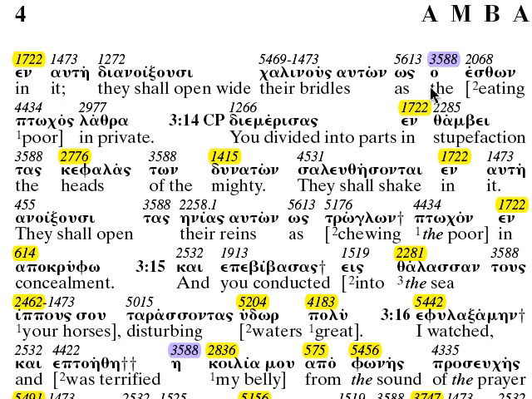They shall open wide their bridles as the poor eating in private. Or as the poor, you see here now the nominative, the singular, it could be the poor eating in private shall open wide their bridles. That's probably where I should have had it that way.